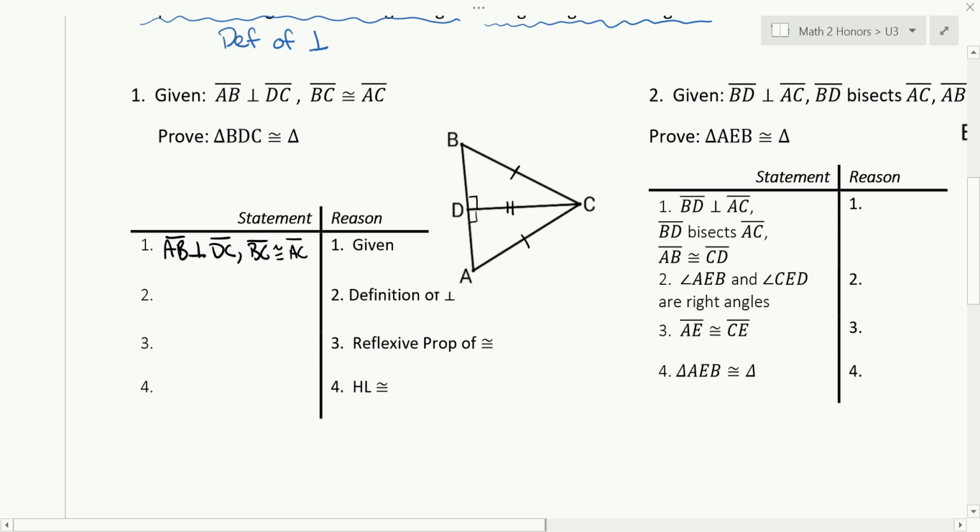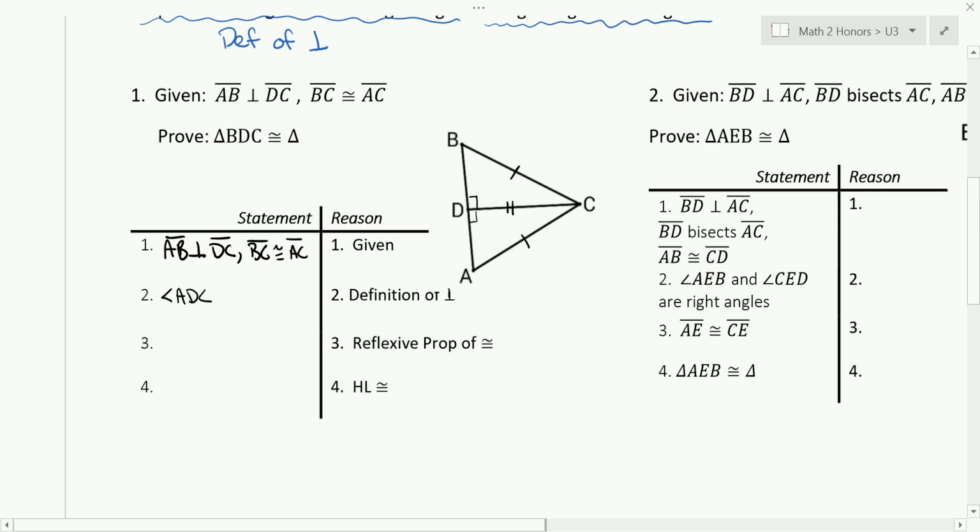And then we have to work with the way they ordered it. All right, so number 2 says definition of perpendicular. So what would we write for number 2? Angle ADC is, can I say it's congruent to BDC?